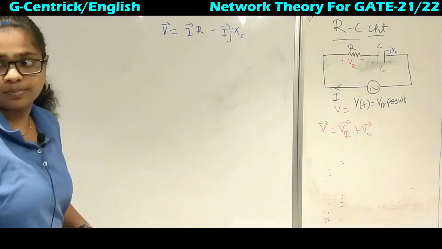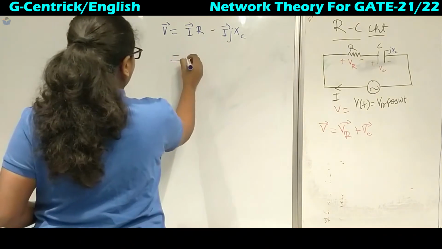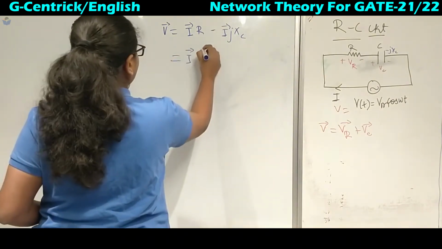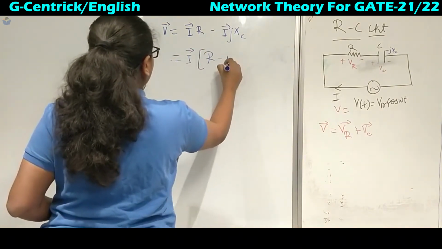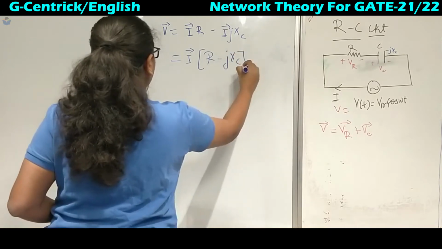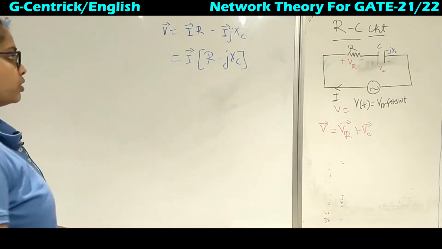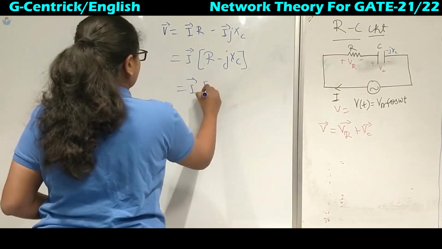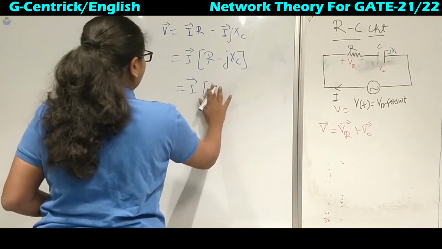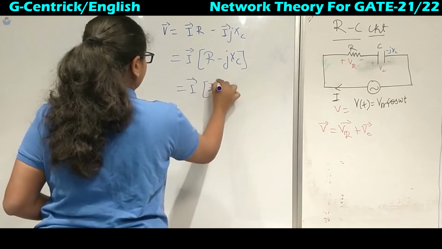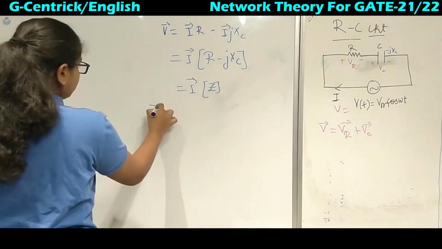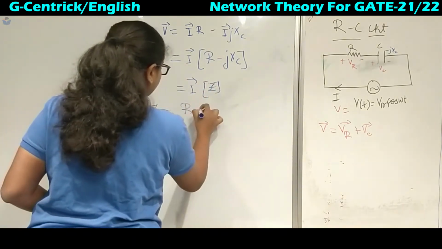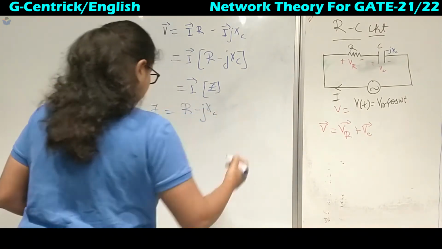So it is minus jXc. I can take I common and write R minus j into Xc. This is nothing but Z, so this is I into Z, where Z is equal to R minus jXc.